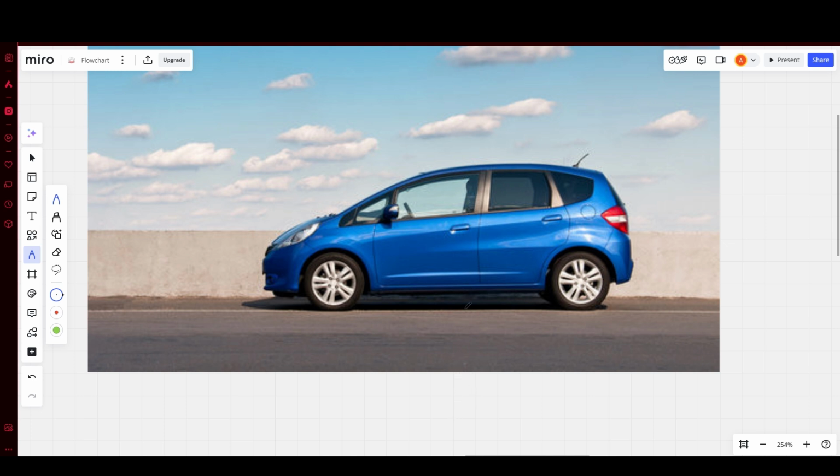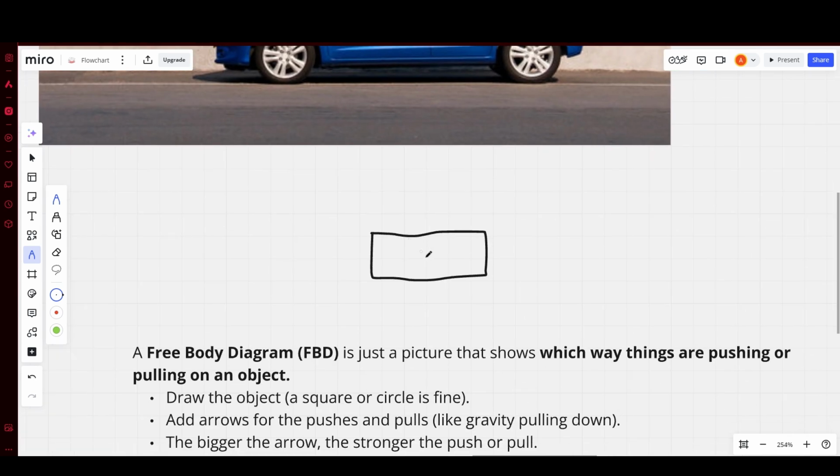So we're going to draw gravity starting from the center and going down, and it has to be an arrow. Then we also have to label it. We're going to label it F for force, and forces are vectors, keep that in mind, and subscript G, because force of gravity.